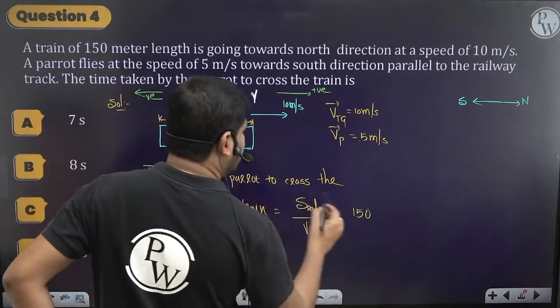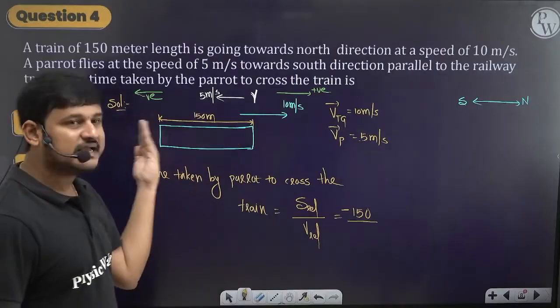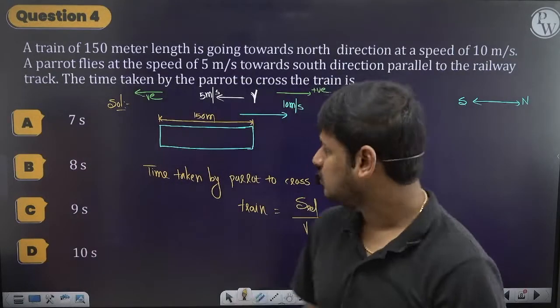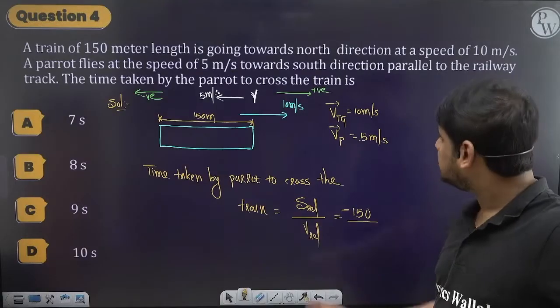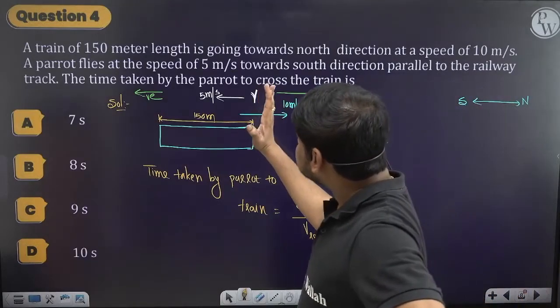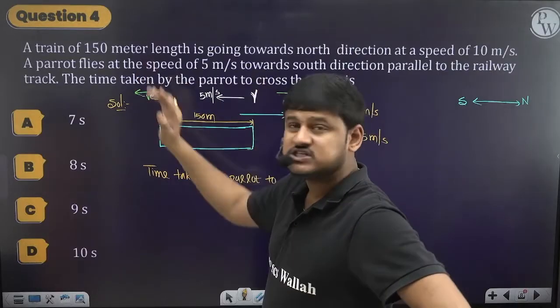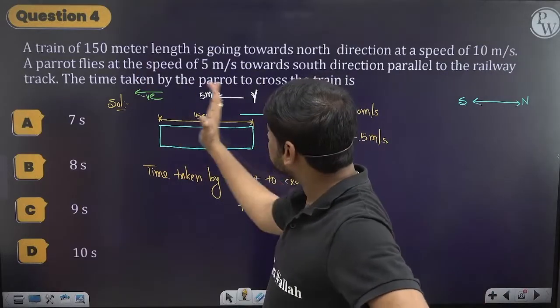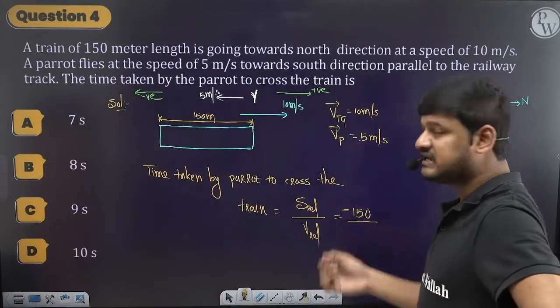Now I will take it as minus 150. Why minus 150? Because it is moving towards the south direction, and south means this side is negative. So that's why I am taking the relative displacement as minus.